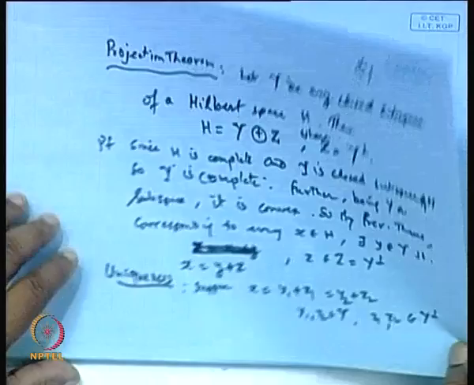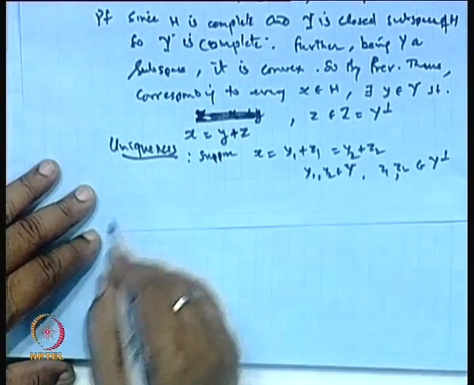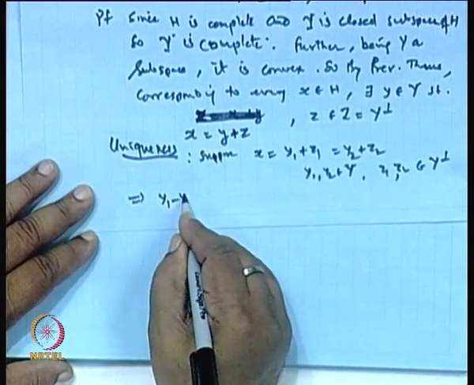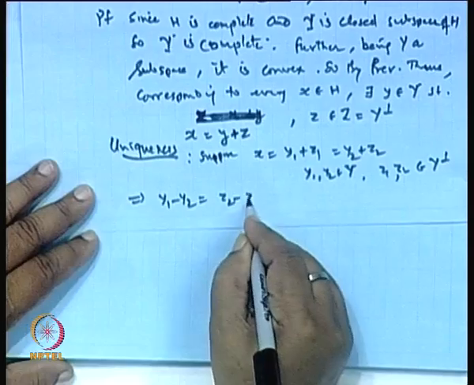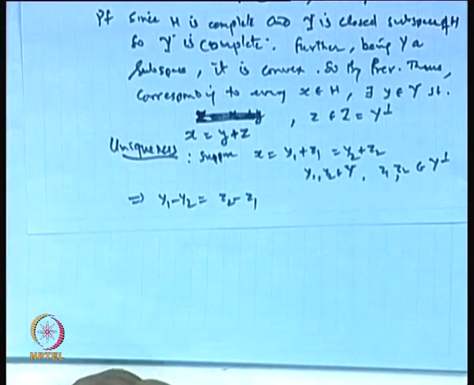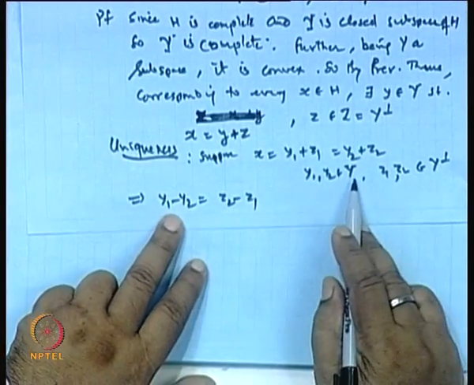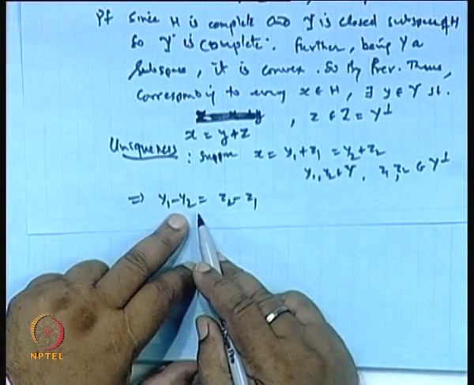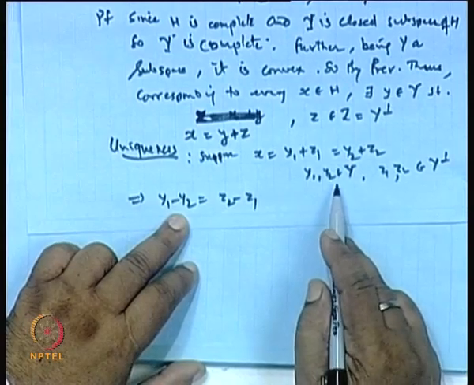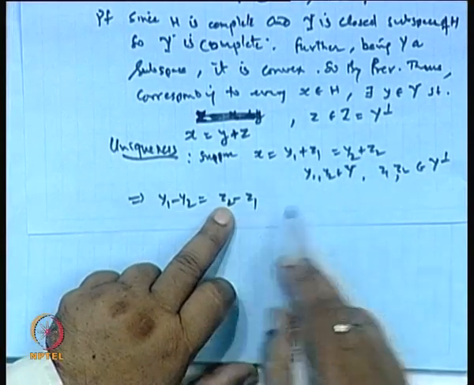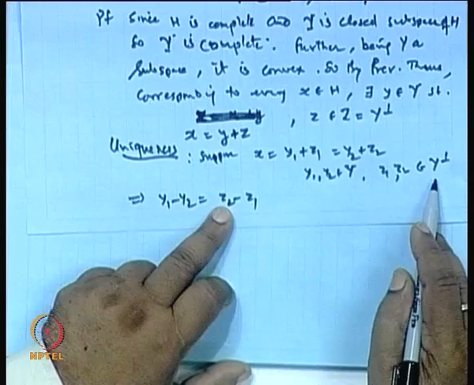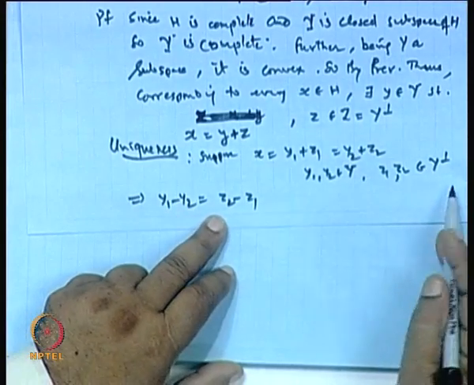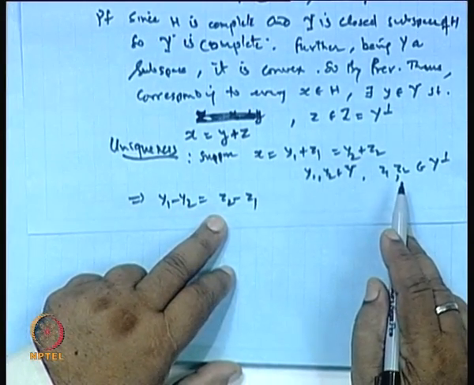This will imply y1 minus y2 is the same as z2 minus z1. But y1 and y2 belong to capital Y, and Y is a subspace, so y1 minus y2 is an element of Y, while z2 minus z1 is a point of Y orthogonal complement. So, y1 minus y2 is also a point of Y orthogonal complement.